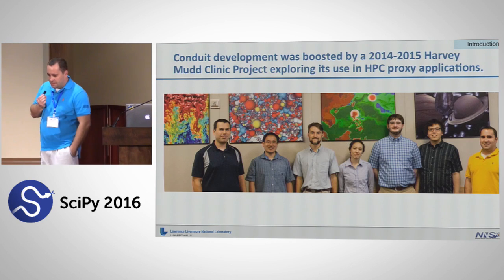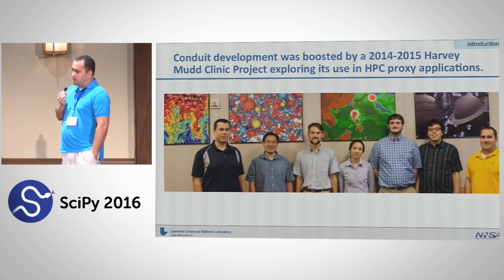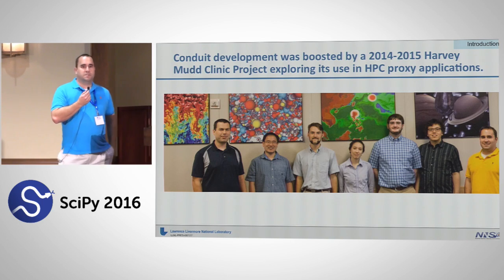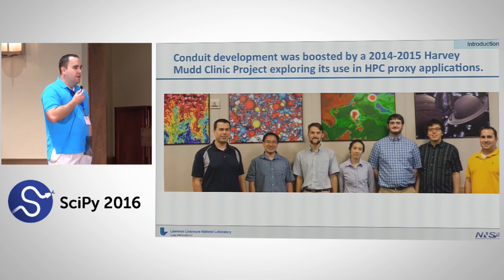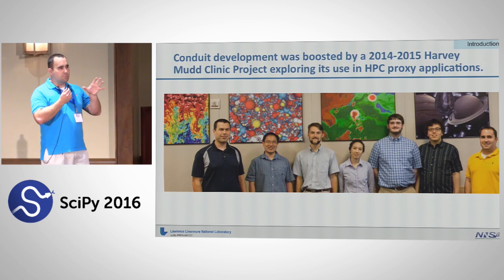And one of the things I really want to mention, because I think it was a fantastic process, is we had a clinic project with Harvey Mudd College, one of their senior capstone projects, to help us really get our act together on Conduit and build it into a better tool for our HPC applications. We focused this project on proxy applications. Proxy is a very overloaded term in computer science.